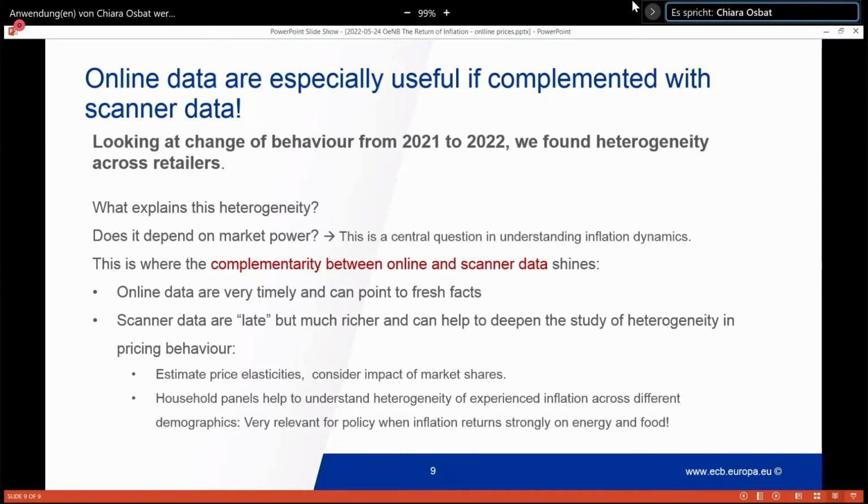You can estimate price elasticities, you can consider impact of market shares, see the impact of market power. And when you also had household panels, you can even understand the heterogeneity of experience inflation across different demographics. So I turned happily to Fabio, who can tell us a lot about this.